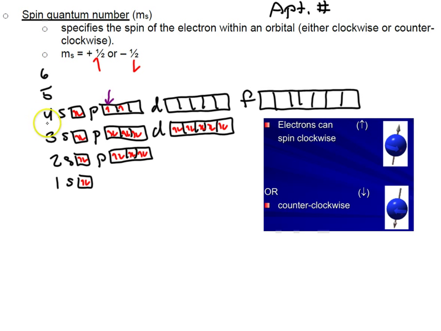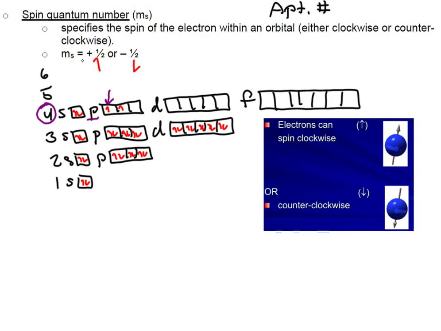The n number would be 4. The l number would be 1. The m sub l number, right here, this first box, would be -1. And the m sub s number, because it's an up arrow, would be +1/2.